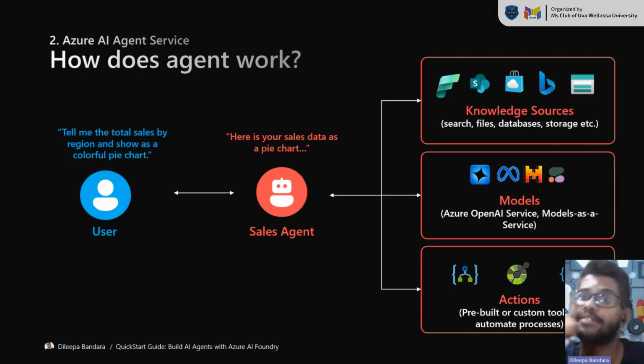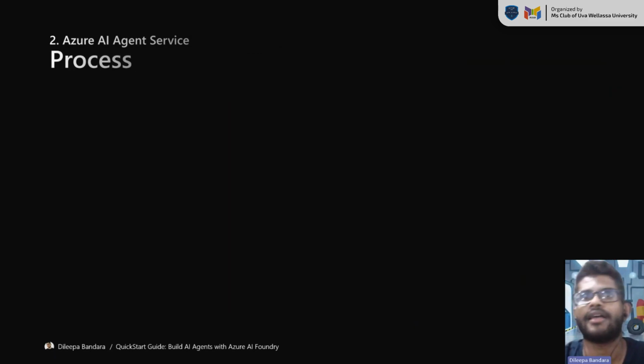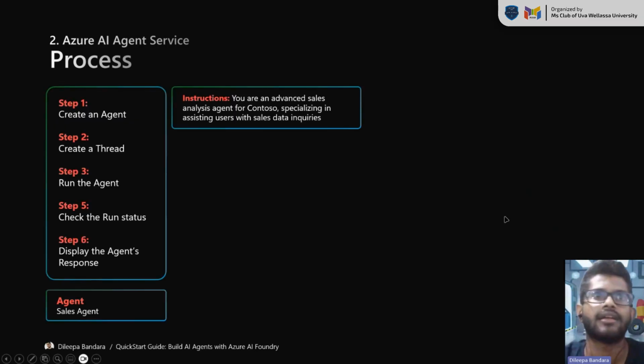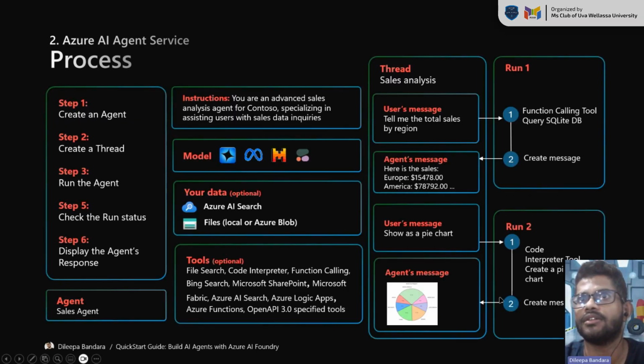We haven't done that action bar, right? And we didn't try the code interpreter. That's why the agent can't give the second run including this type of pie chart.